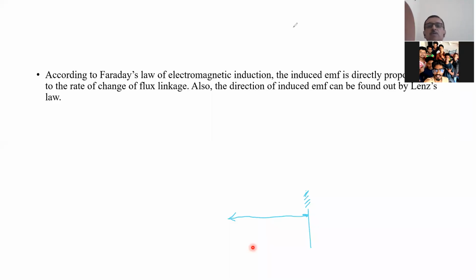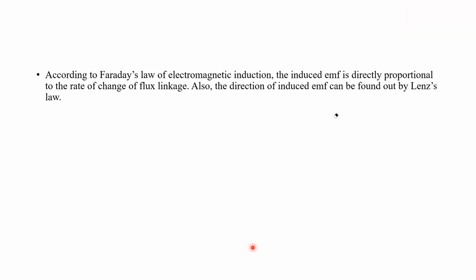According to Faraday's law of electromagnetic induction, the induced EMF is directly proportional to the rate of change of flux linkage. Also, the direction of the induced EMF can be found out by Lenz's law.